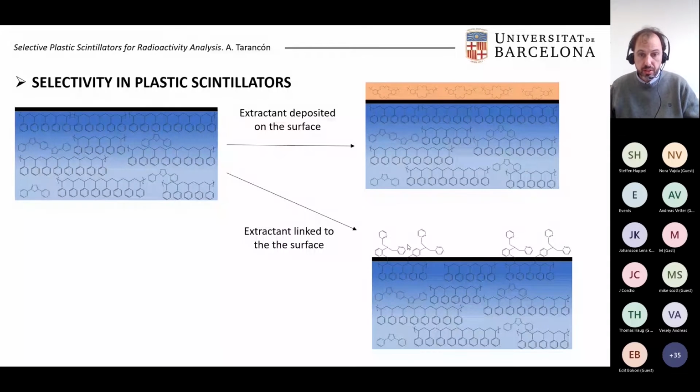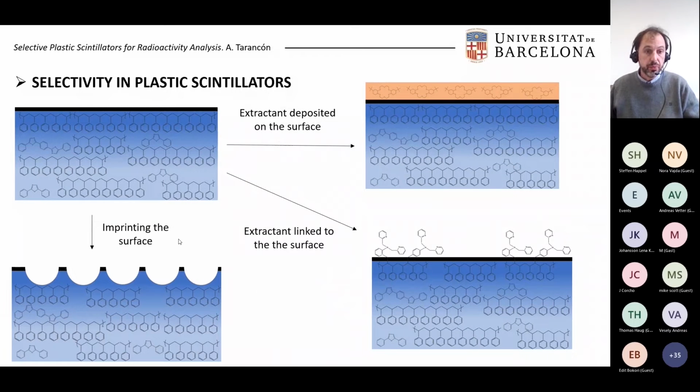The other option is to link the extractant to the surface of the plastic scintillator, and finally to imprint the surface or the inner part of the plastic scintillator with cavities that are selective to the analyte you want to analyze. In this case, the radionuclide. So we have mainly worked in the deposition of the extractant on the surface of the scintillator, although we are also working on these two possibilities because they offer new capabilities of capacity and selectivity of the extraction and separation.